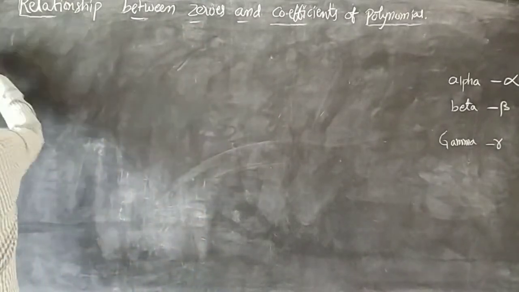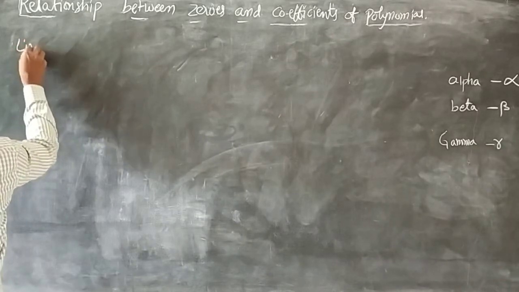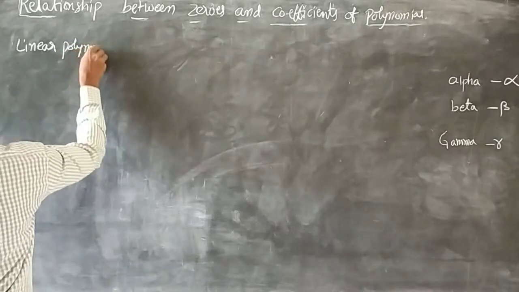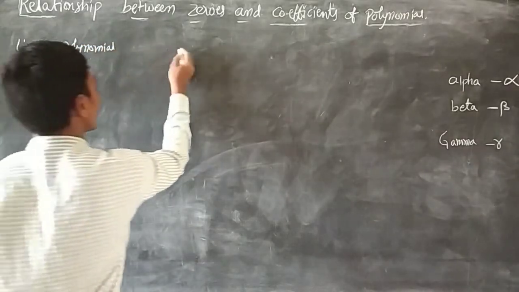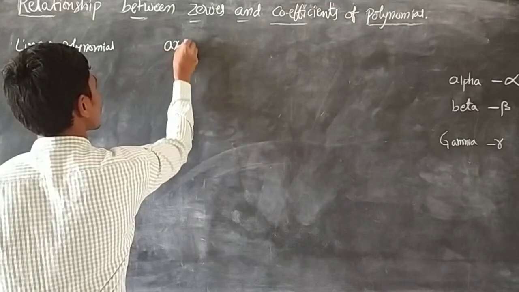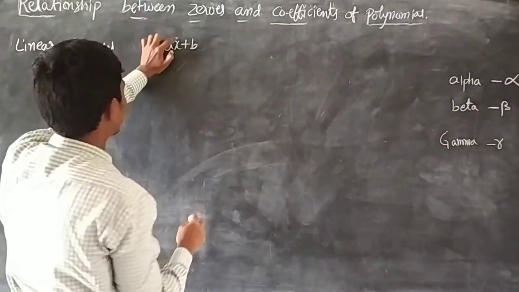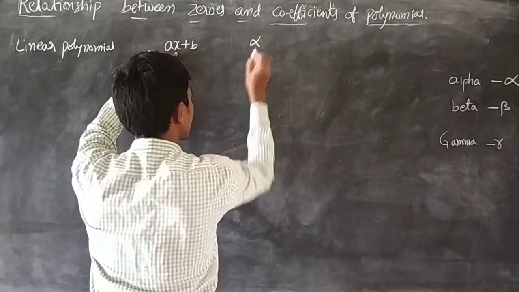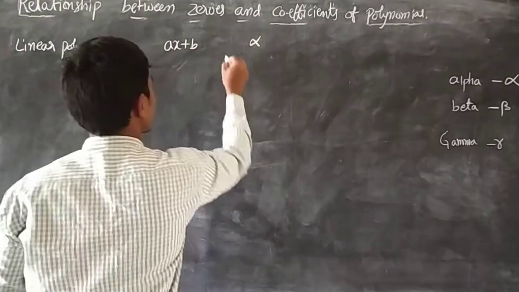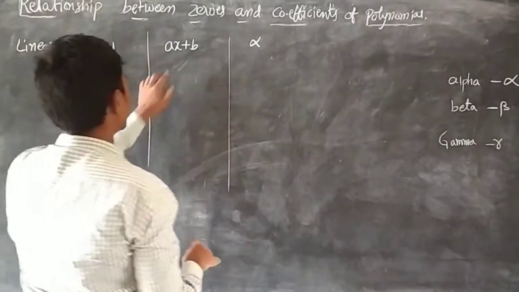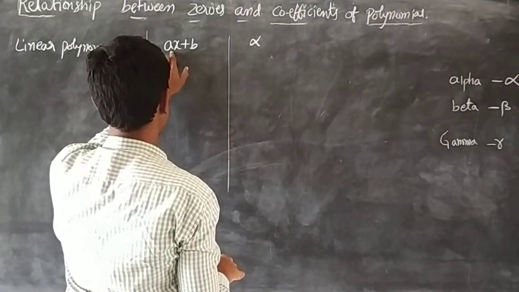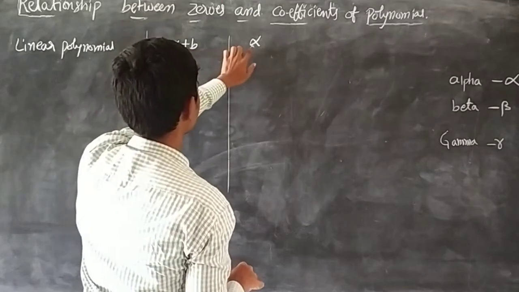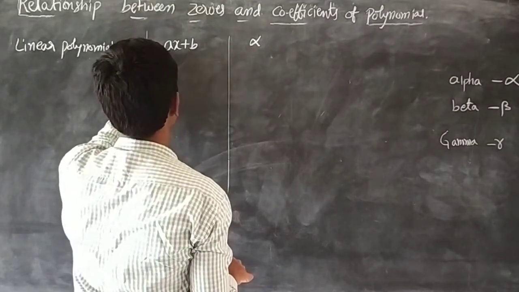So here, first of all, the polynomial with degree 1 is a linear polynomial. The general form of a linear polynomial is ax plus b. It has degree 1, that's why it has at most only 1 zero. We call it alpha. What is the relationship between alpha and the coefficients?